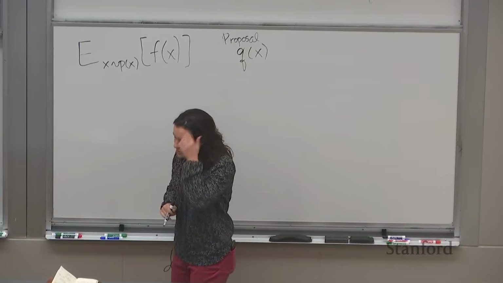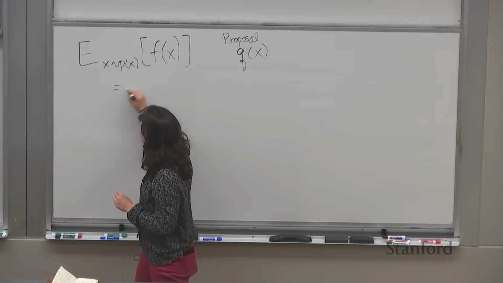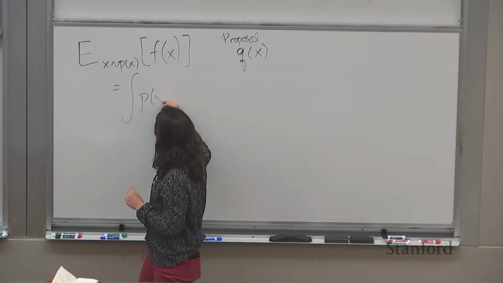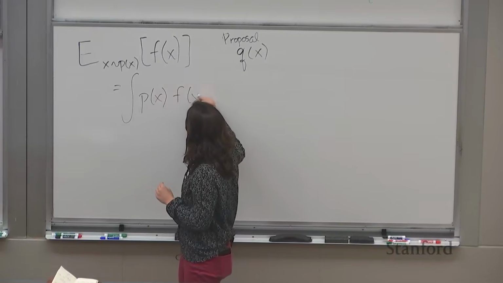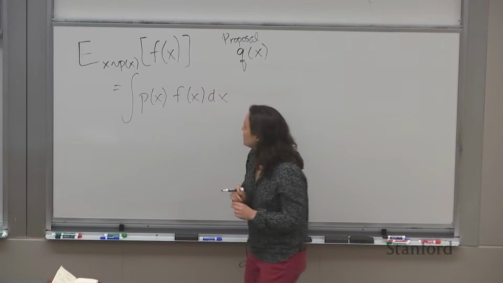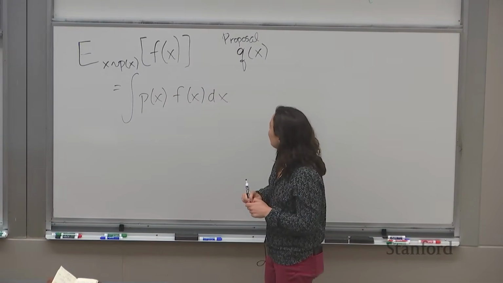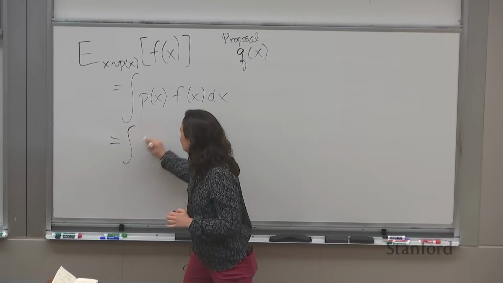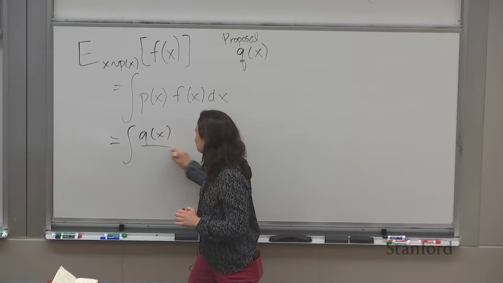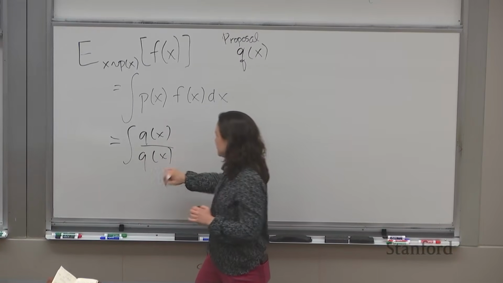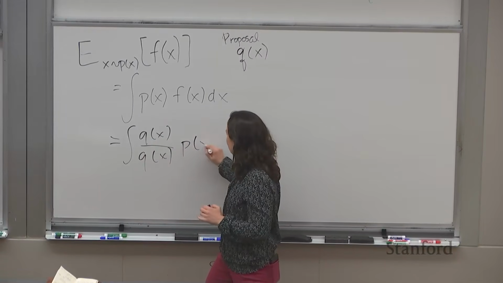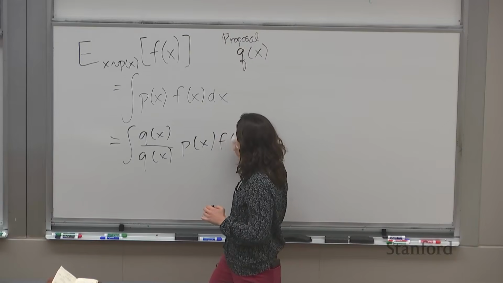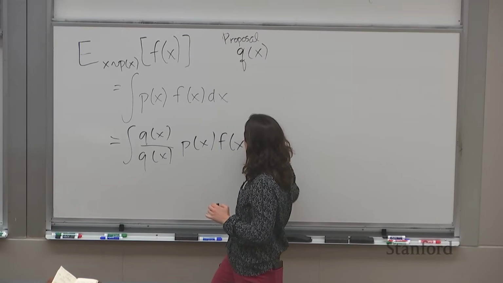So what you can do in this case, if we write down this expectation as an integral, it looks something like this. And as long as Q of X has reasonable support, we can add in this term that equals 1 into our equation.